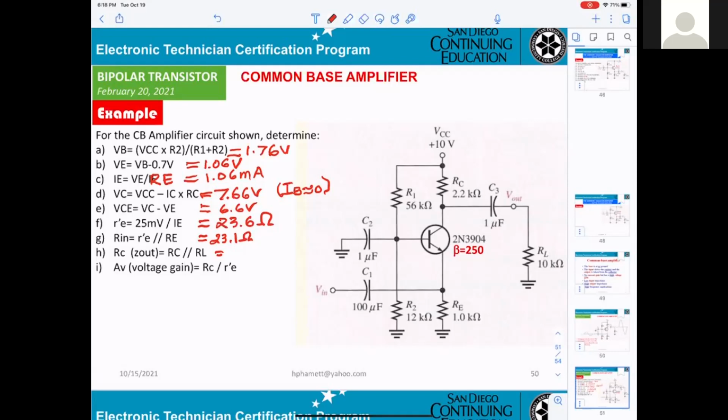You say 22.9 ohm, correct? Right, that's close. Yes, it is. That's good enough for government work.